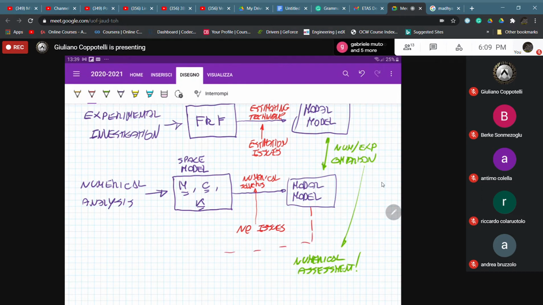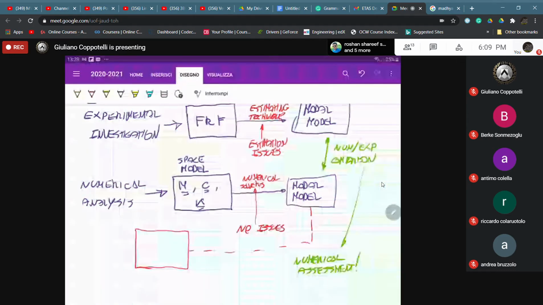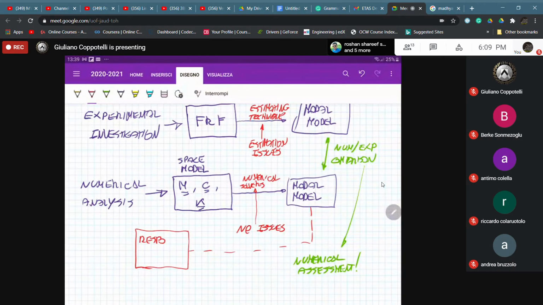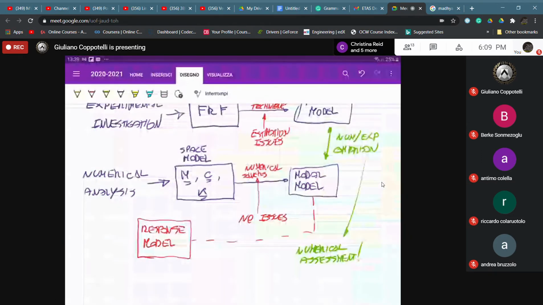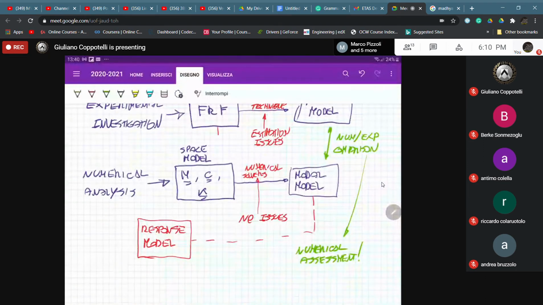Sometimes that is not always true, but sometimes from the numerical model it is always possible to consider the response model, okay, and sometimes we can also compare your response model from the experimental point of view and from the numerical point of view.